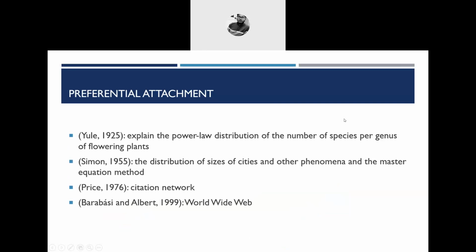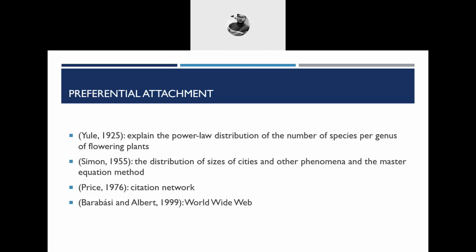Okay, so the idea behind preferential attachment was first developed in 1920, first applied in 1925 by Yule, who studied genetic classification. He studied the number of genera in flowering plants.